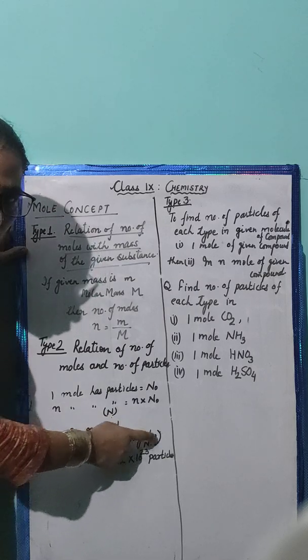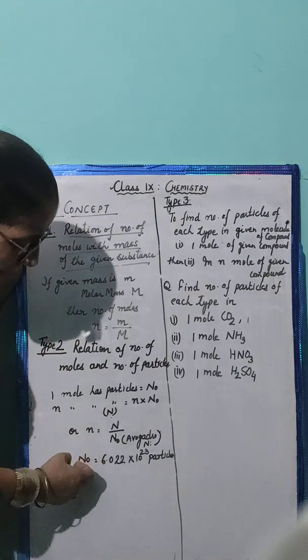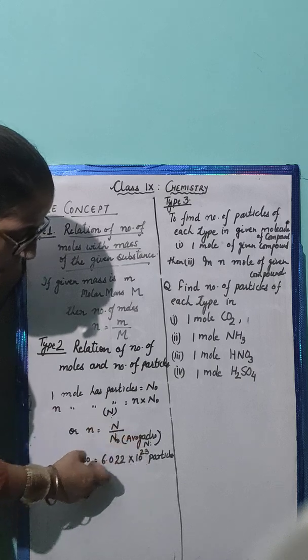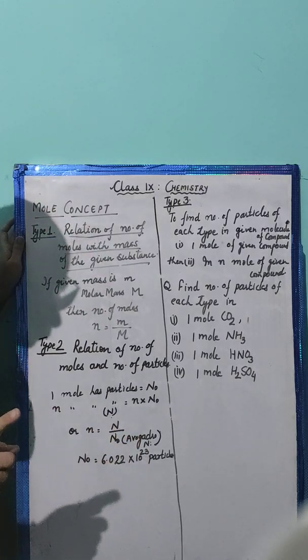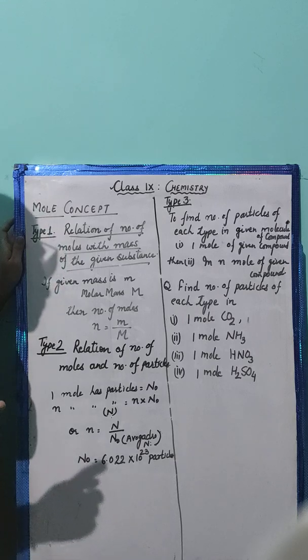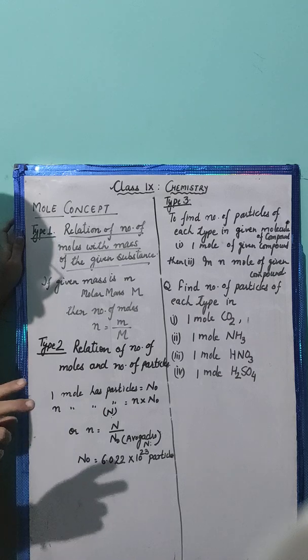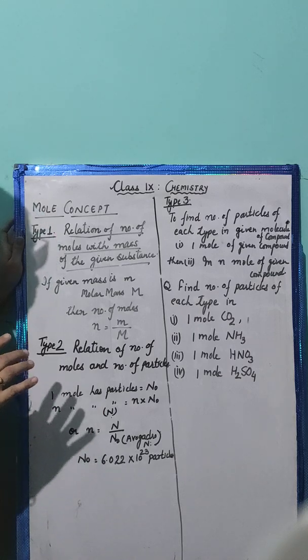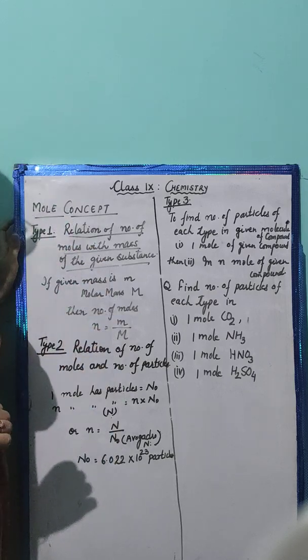N naught is Avogadro number, and experimentally it is found that the value of N naught is 6.022 into 10 to the power 23 particles. One mole of every substance has N naught number of particles. These two things I have explained in my previous video.